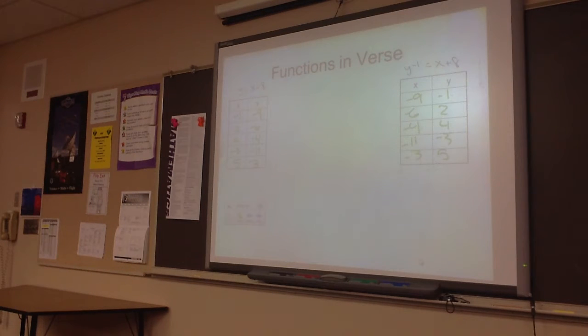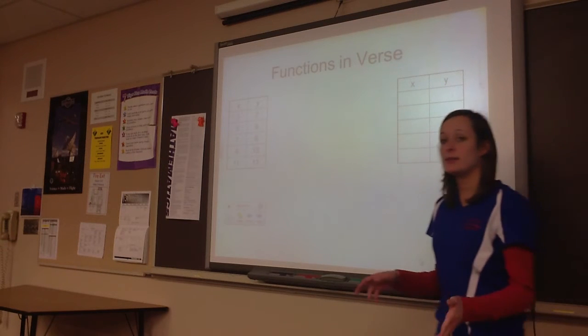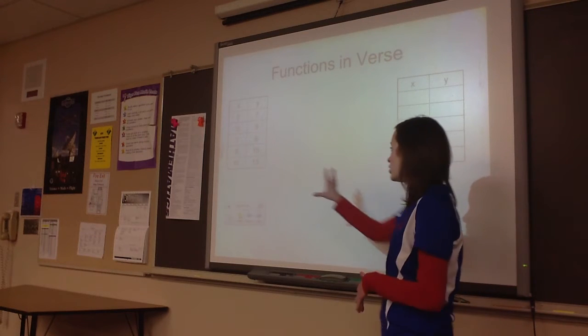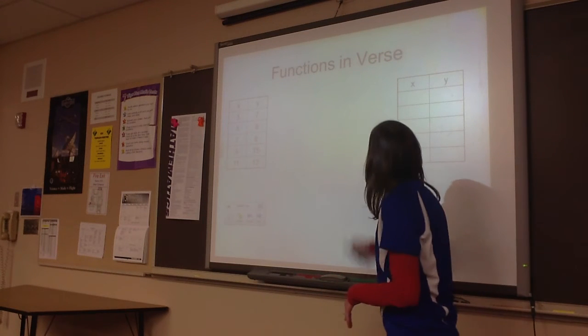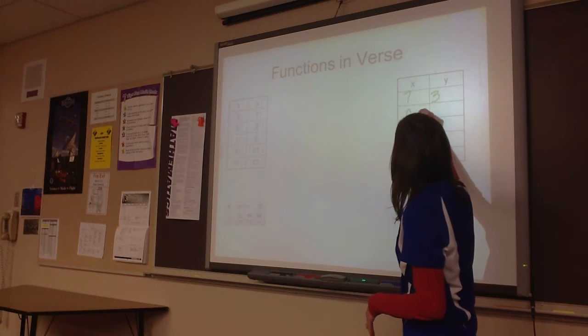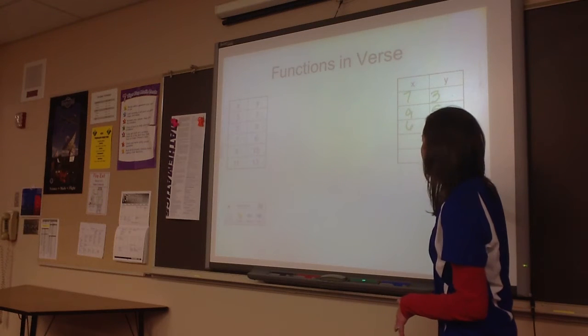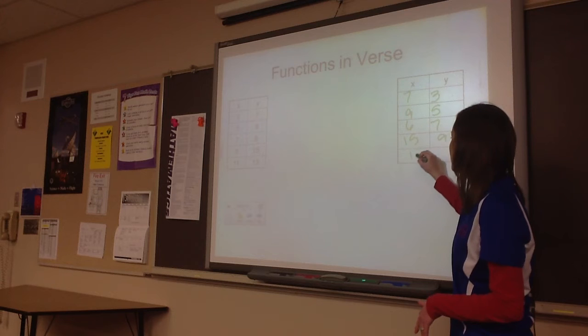Oh, interesting. So if we look at problem number 3 and we go along with Jerica's observation, can I just flip those? And you get 7, 3, and 9, 5, and 6, 7, and 15, 9, and 13, 11.